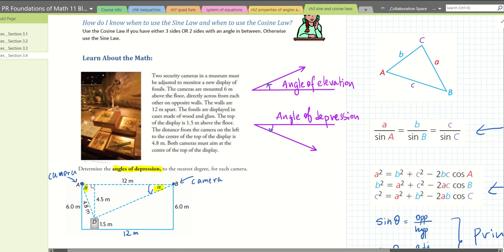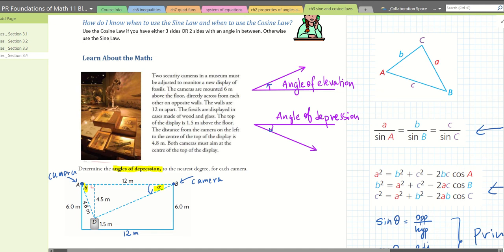If you can't use sine law, then you may have to use cosine law, because sine law is a little easier to manipulate. So at the top there's a little tip here. Use cosine law if you have either 3 sides or 2 sides with the angle in between. Otherwise, use sine law. But when neither of those is possible, sometimes you may have to break it into right angle triangles. If you have an acute triangle, you can always break it into two right angle triangles and then use primary trigonometric ratios to solve as well.